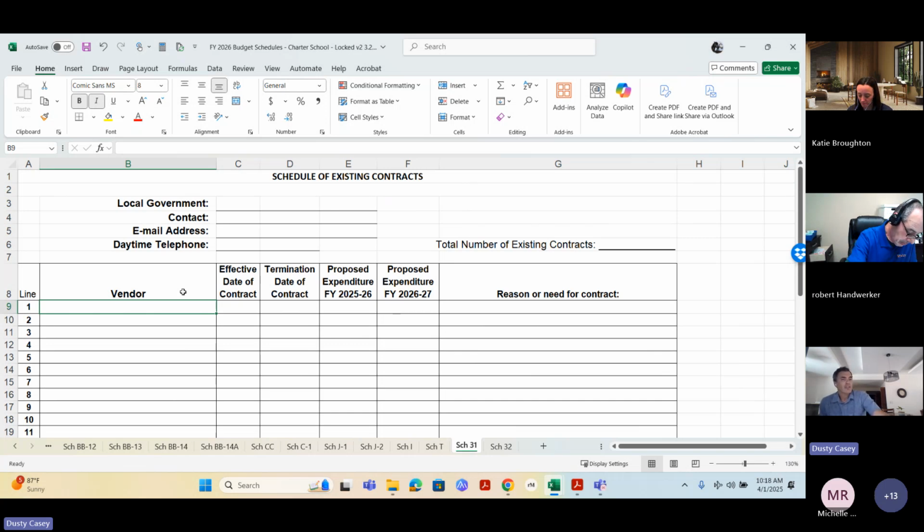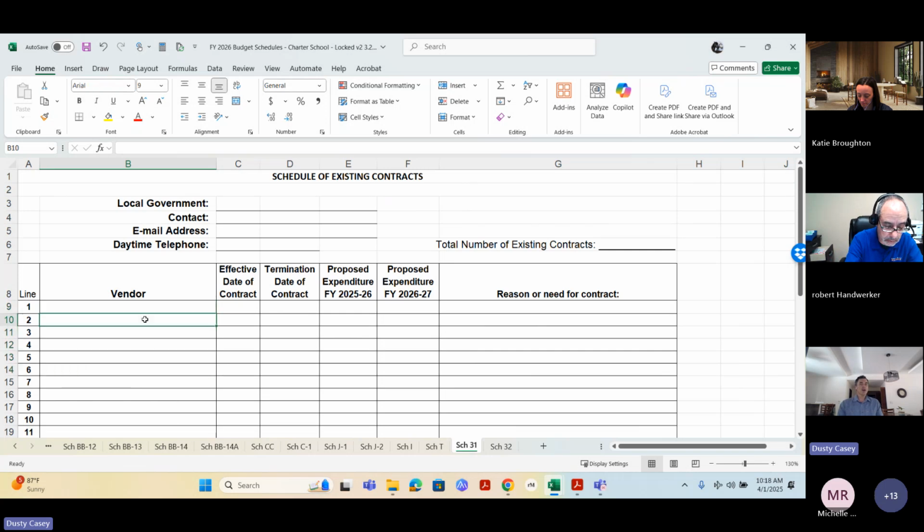So if you have a $200,000 contract with an architect, you hire a builder for, however much money to build a new building or renovate something or whatever, then that would go here. These are services. No school is going to have generally, none of you are going to have a position in your budget for an architect.